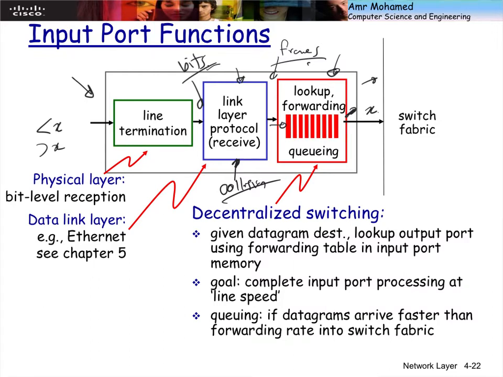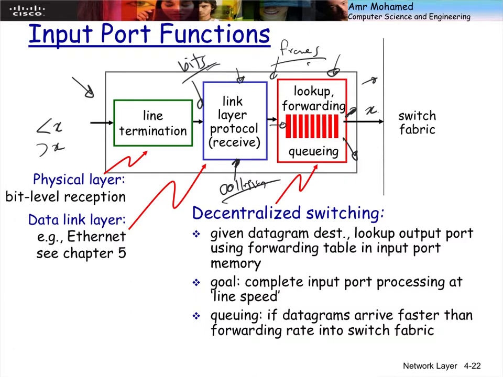There's also one important thing here: the lookup has to be done very fast, and this is one of the reasons that all these components are done purely in hardware. We cannot afford to take a long time to process the packets.